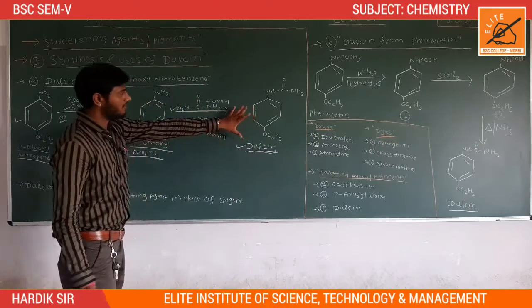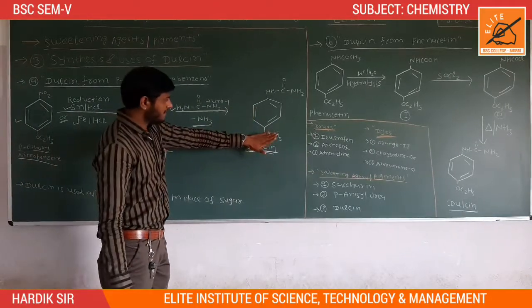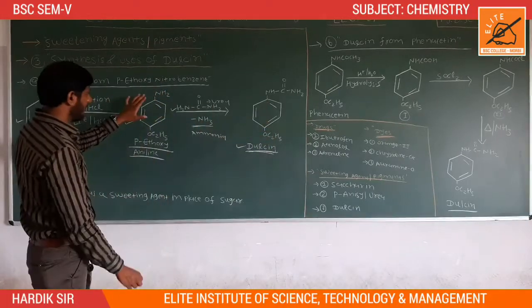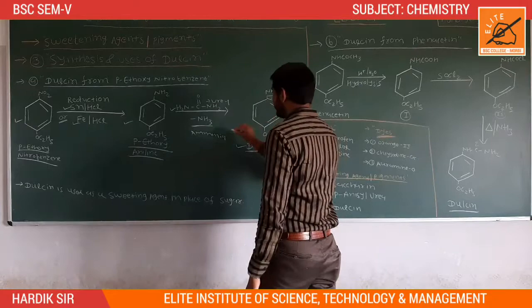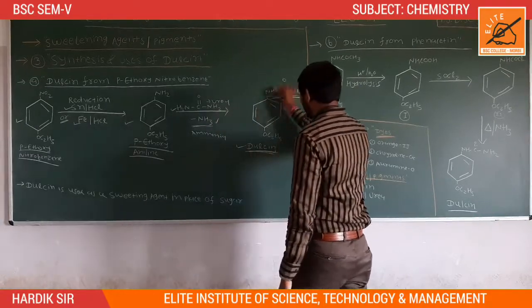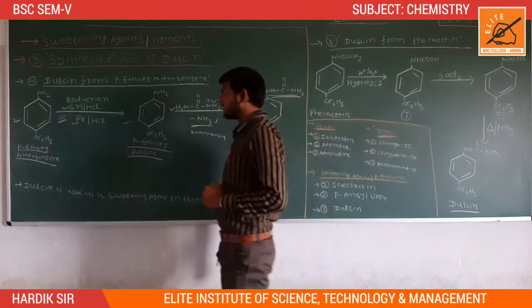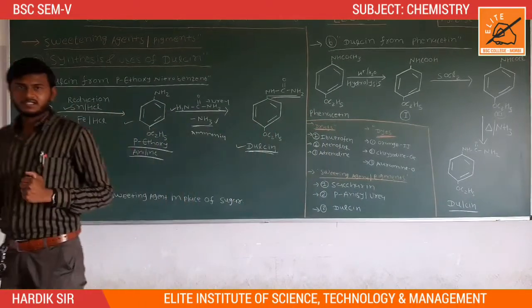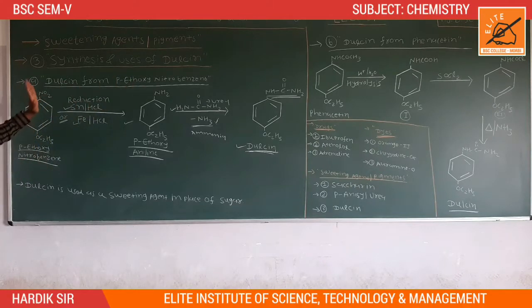This is the structure of dulcin. The para-ethoxy group is combined with the phenyl ring, and the urea was combined and 1 mole of ammonia was removed to produce dulcin. This is the first method of production of dulcin, synthesized from para-ethoxy nitrobenzene.